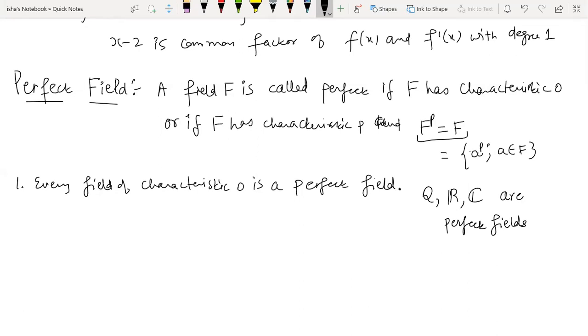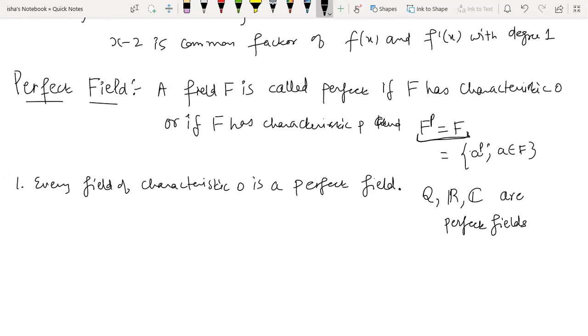But for a field of characteristic p, F raised to power p should be the same as F. You take the elements of F and raise them to power p. If the elements do not change, that means as a set these two are equal, then we say the field is a perfect field, right?